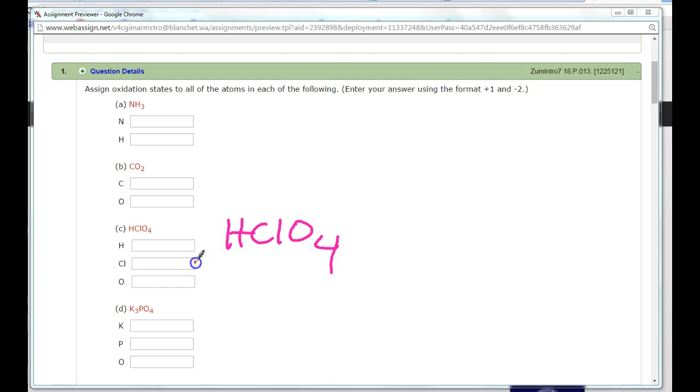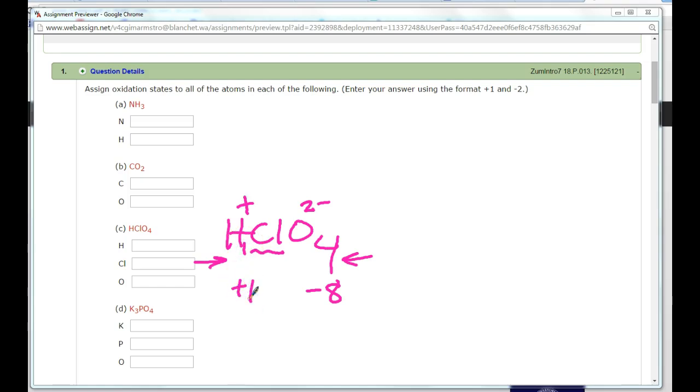HClO4, we usually start from the outside and move to the inside, and it's that mystery one in the middle that we usually have to figure out because it tends to change its number. So oxygen for the most part is a 2 minus, and hydrogen for the most part is a 1 plus. So 4 times 2 is an 8 minus. 1 times 1 is a plus 1.